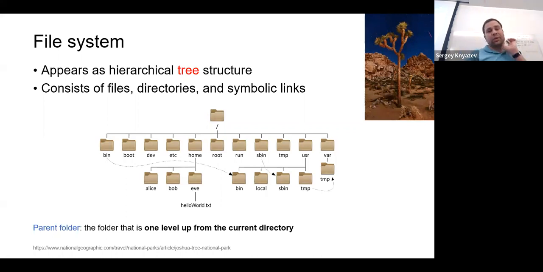Every file system, including Linux, has some file structure, like your Windows, like your macOS. The file structure in Linux is similar to any other system, and it is a tree. Right? So you have a node on the top, which is a root, and there are folders attached to the root.